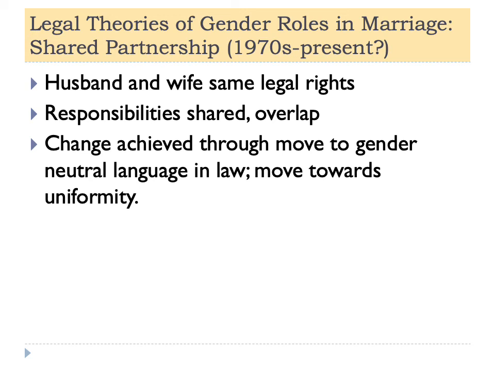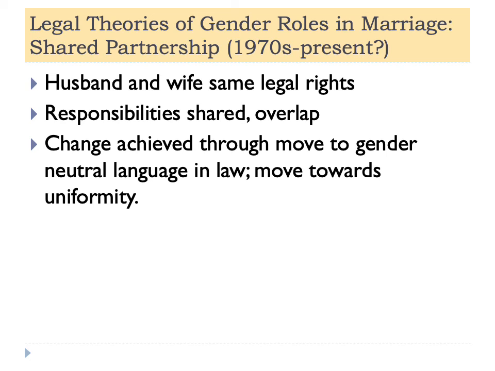In separate but equal, laws would still identify husband and wife when talking about spousal support, child custody, divorce, and alimony. The law would be gender specific: the husband will do X and the wife will do Y.